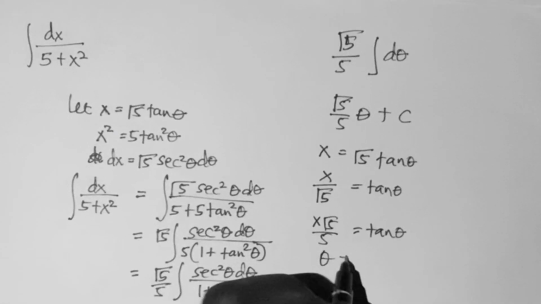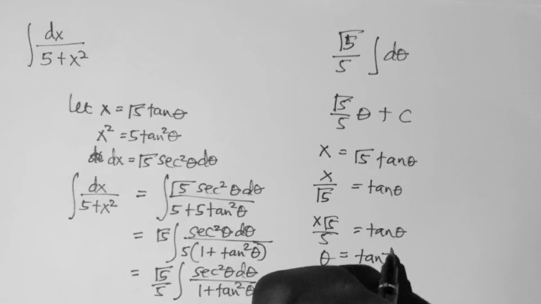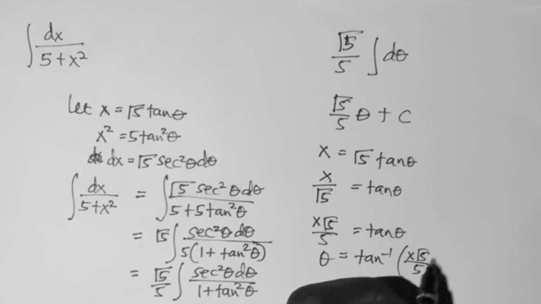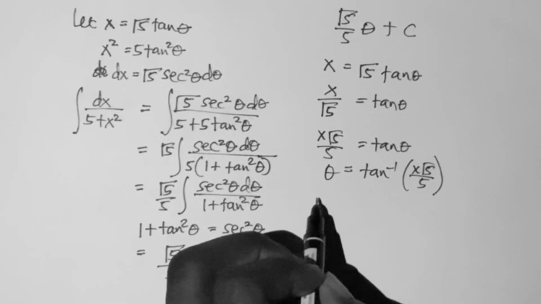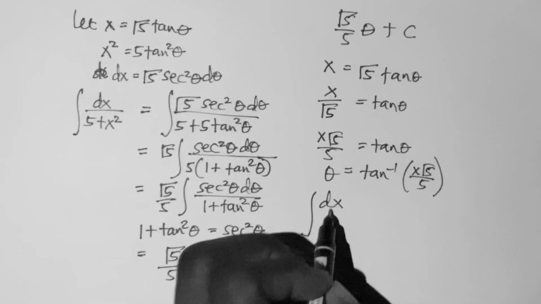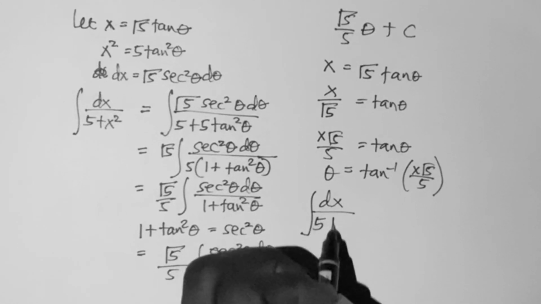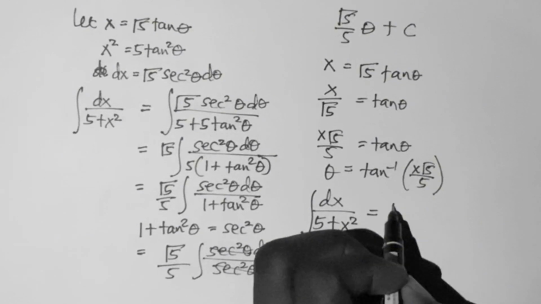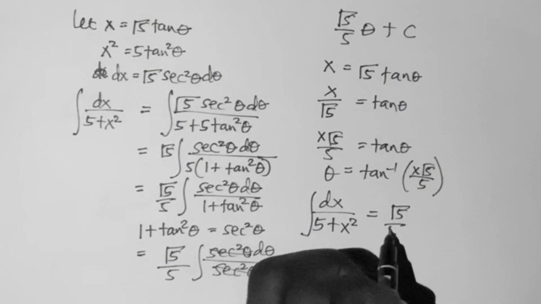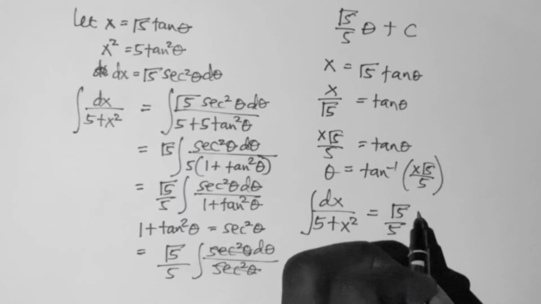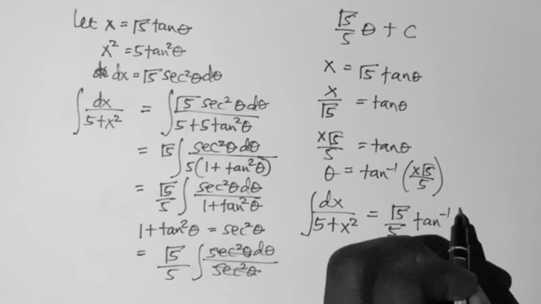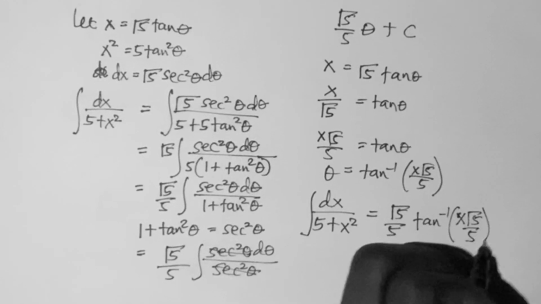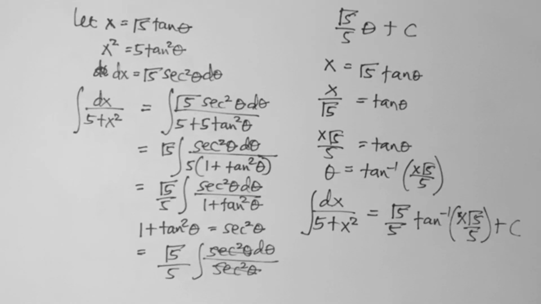Therefore theta is equal to tan inverse of x root 5 divided by 5. So therefore integral of dx divided by 5 plus x squared is equal to root 5 over 5 times tan inverse of x root 5 over 5 plus c, a constant of integration.